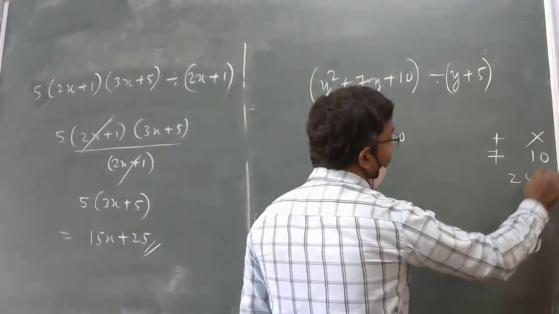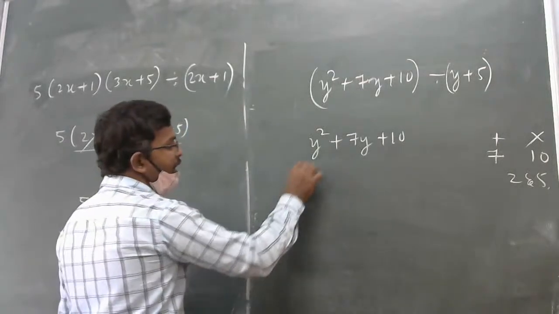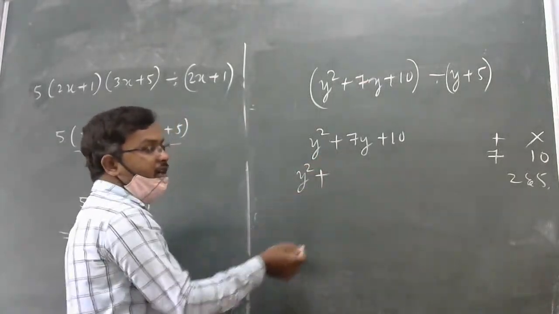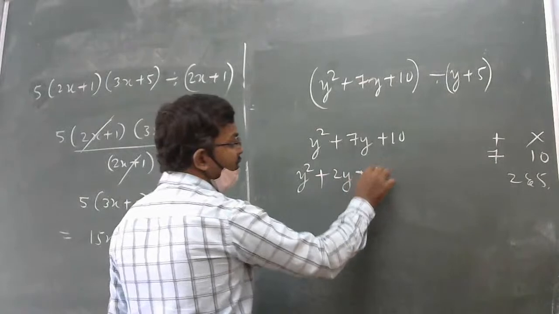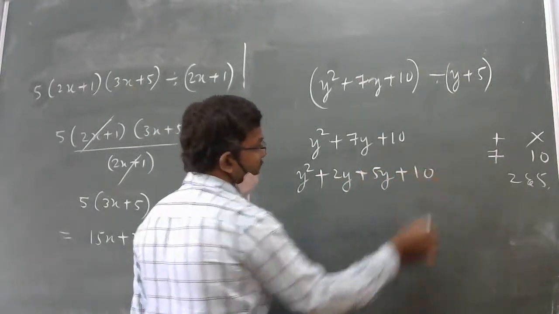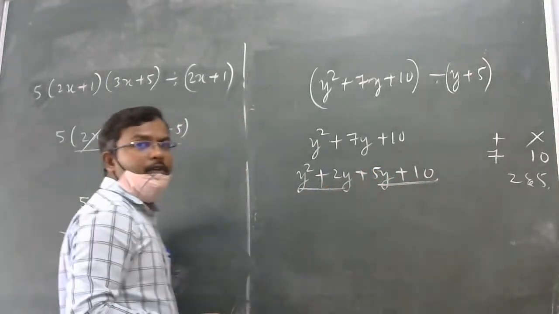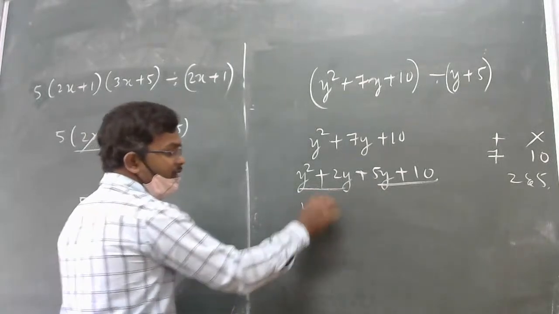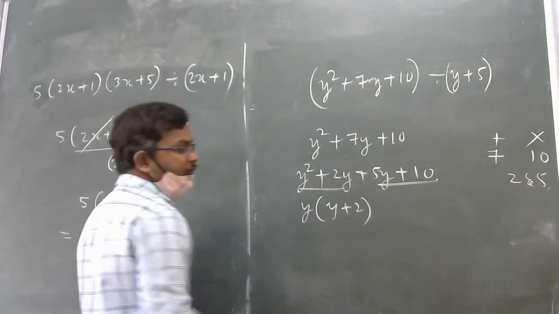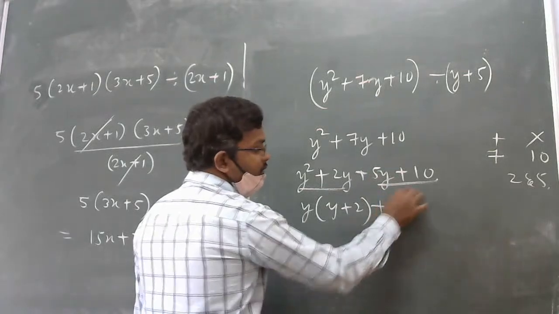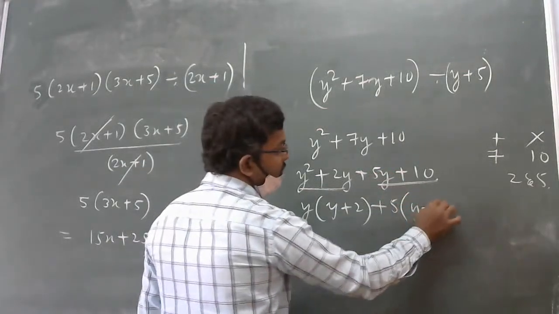2 and 5. So y square is there plus 7y will be 2y plus 5y plus 10. So make groups. So what will we get? y is common. y plus 2 is left out. Plus 5 is common. Here also y plus 2 is left out.